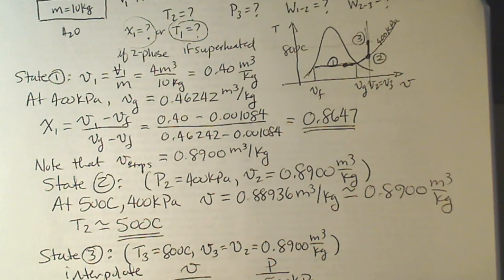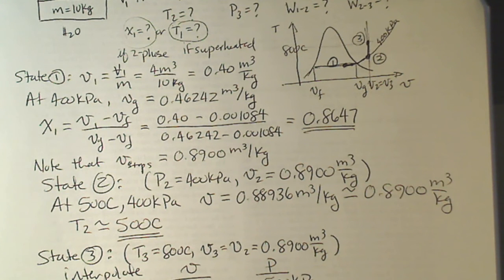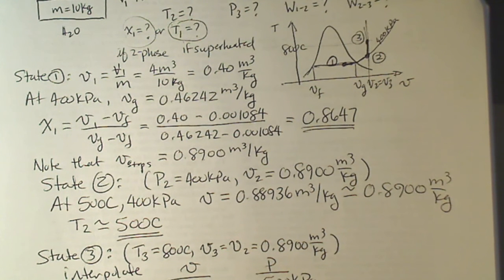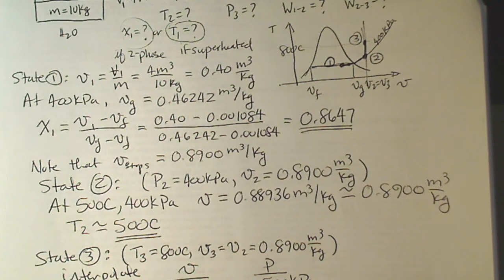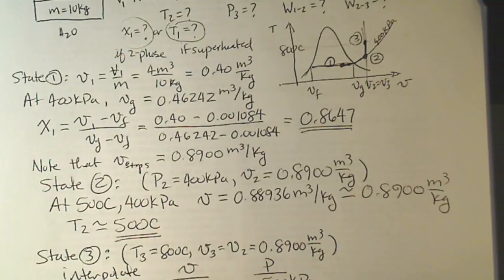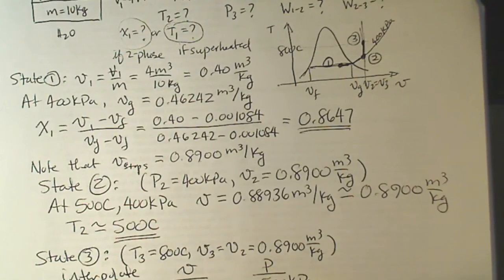Then the specific volume at 600 kPa is 0.82457, and that's at 600.